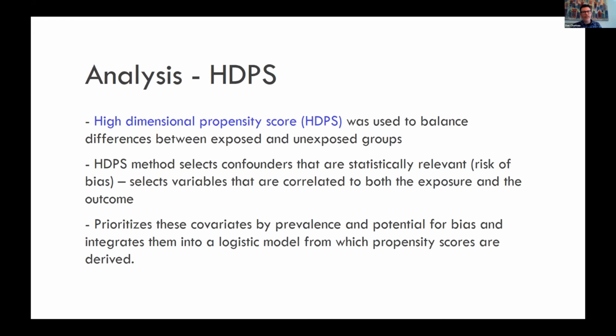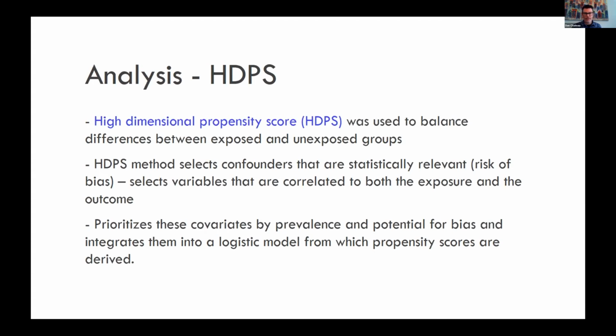So one of the things I've been using as part of a Canadian network examining drug safety, the Canadian Network of Observational Drug Effect Studies, is the high dimensional propensity score. This is a machine learning algorithm that scans all of your health data to look for variables that are related to both the exposure and the outcome, so true confounders, and then it prioritizes them by the risk of bias.